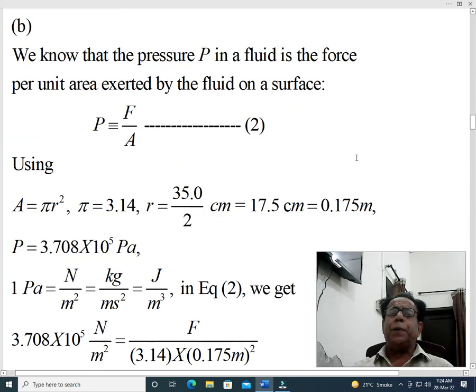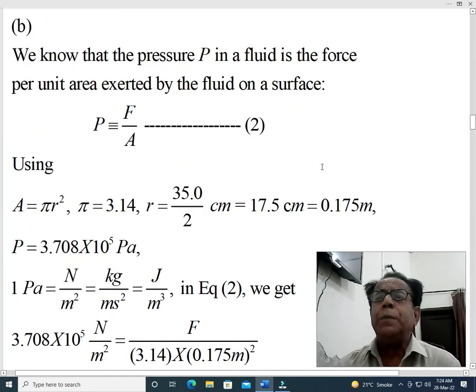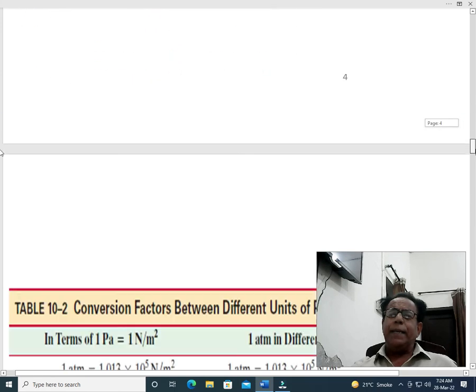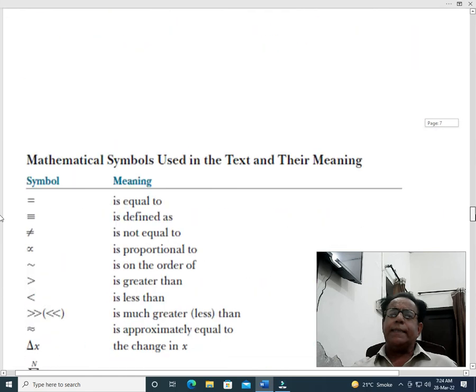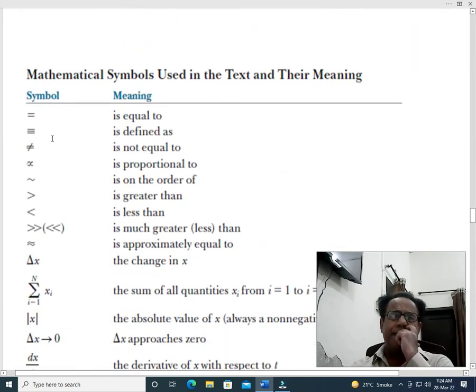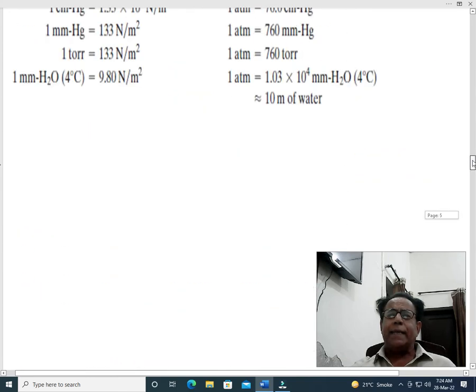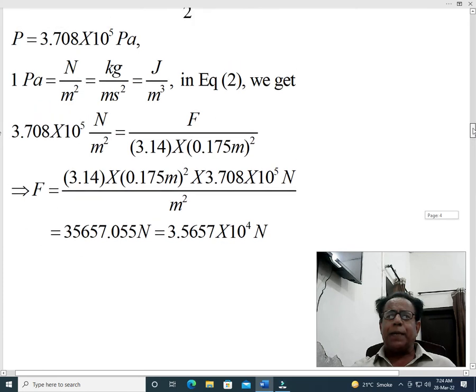Now we come toward part B. We know that the pressure P in a fluid is the force per unit area exerted by the fluid on a surface. Pressure is defined as force per unit area. Equation number 2. Here once again, we have many times shown this table, in which it is emphasized that equality or these horizontal three parallel lines are almost equivalent and convey the same sense in mathematical expressions.